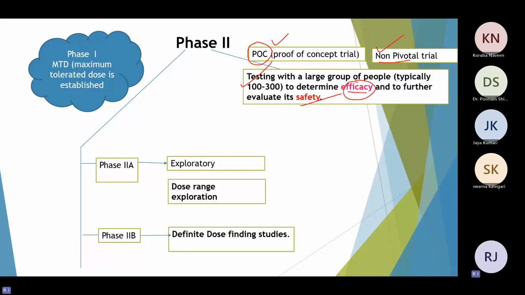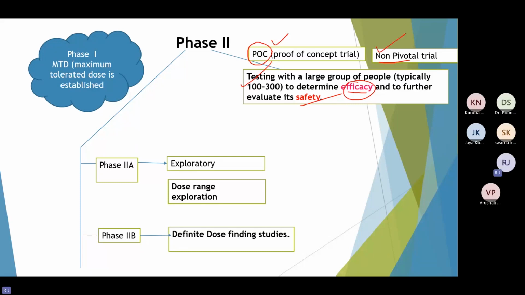And it is non-pivotal. This is technical word. Whenever we are going to submit the data of any clinical trial to the regulatory body for taking approval, those kind of trials are called pivotal trial. So phase 2 trial data generally not submitted for taking approval for any drug molecule.